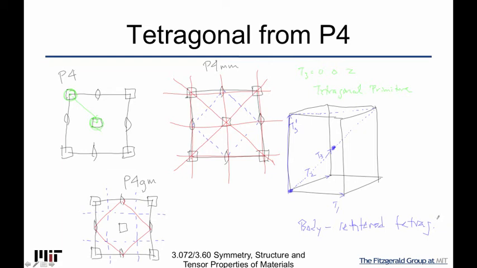So it's a semi-metal with a zero band gap. So anyway, that's a body centered tetragonal phase. And remember, body centered tetragonal is represented by, so it'd be an I tetragonal.